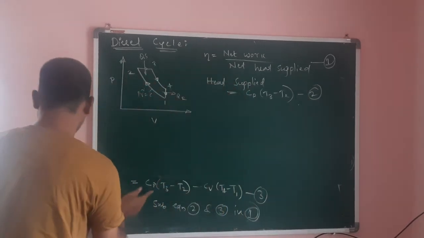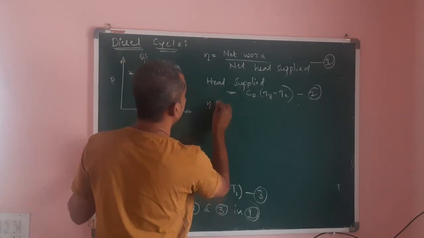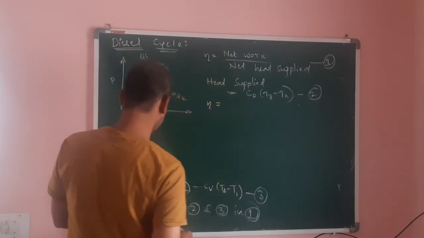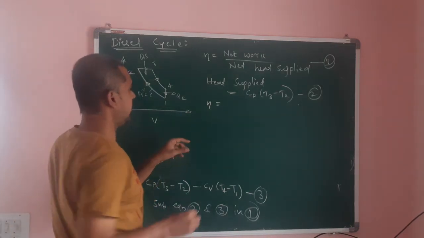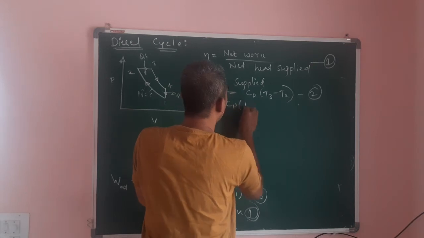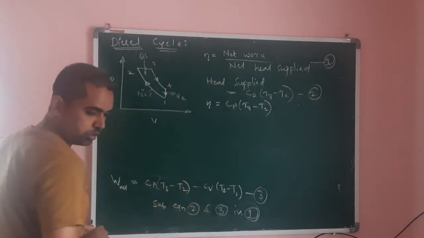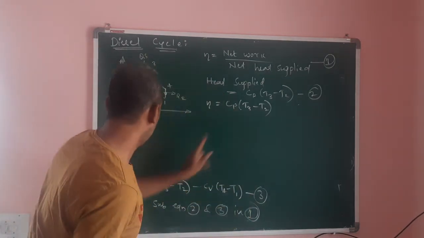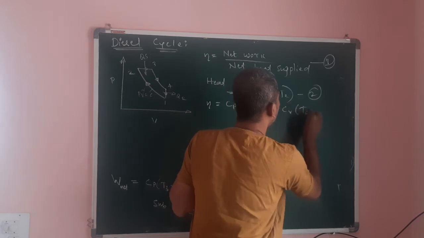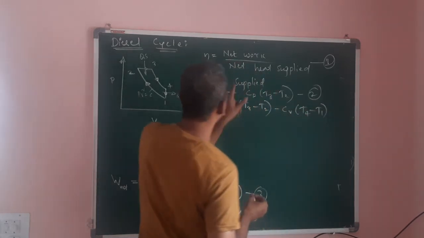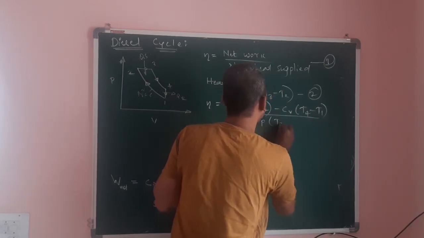This is W net. I will substitute this in equation 1. Therefore efficiency will be equal to W net, which is Cp (T3 minus T2) minus Cv (T4 minus T1), divided by Cp into (T3 minus T2).